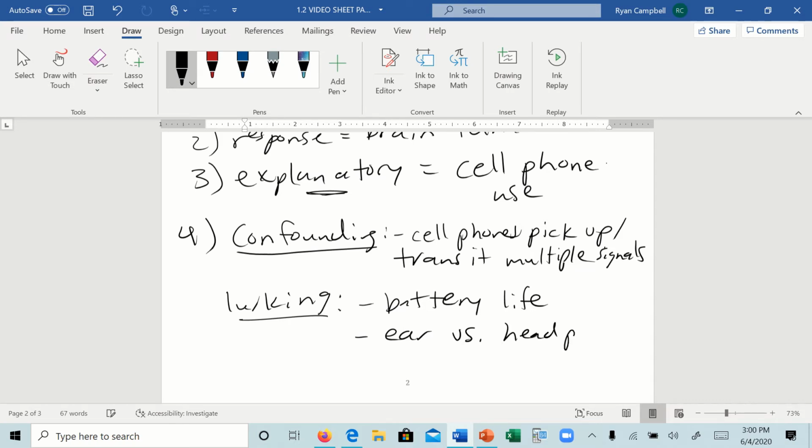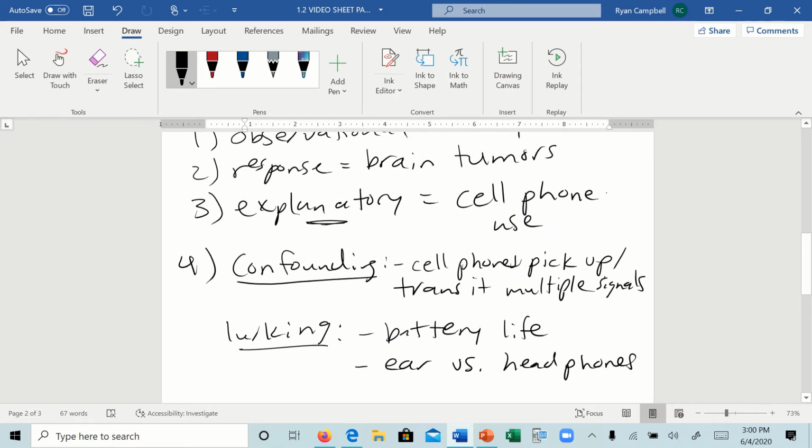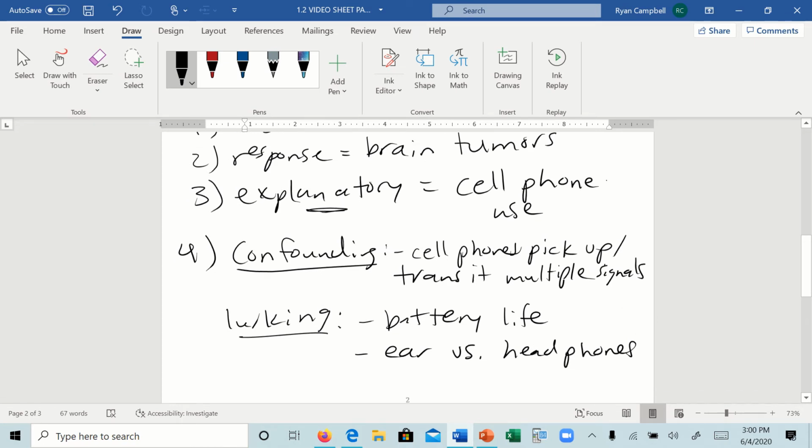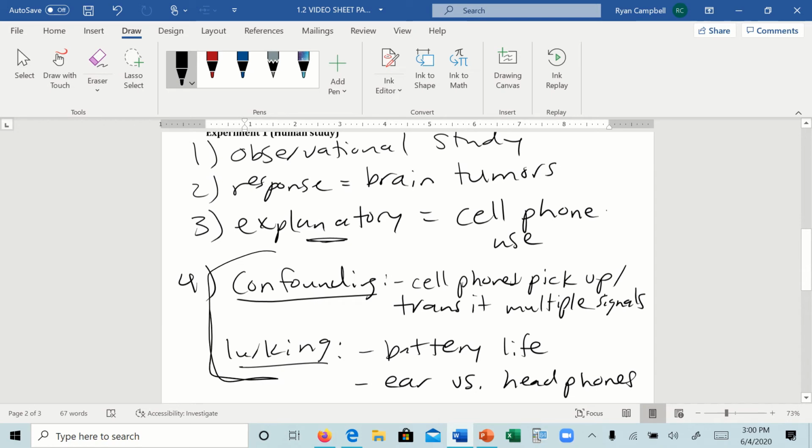So they didn't talk about any of that. Maybe if you have headphones in so the cell phone's not directly next to your ear, that could affect brain tumors versus if you actually have it up to your ear to make phone calls. So yeah, again, it's okay if you didn't necessarily immediately get these, but these are just good questions to ask yourself anytime you're looking at any kind of experiment. Are there any kind of variables that they're not seeing or ones that they can't separate?